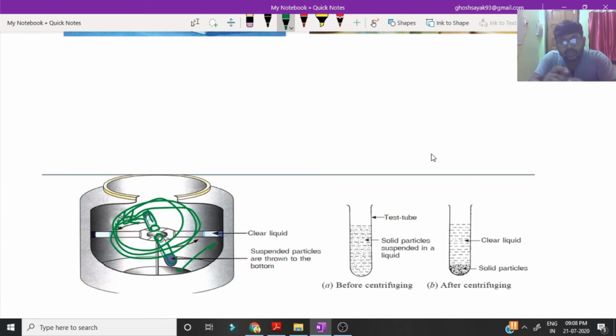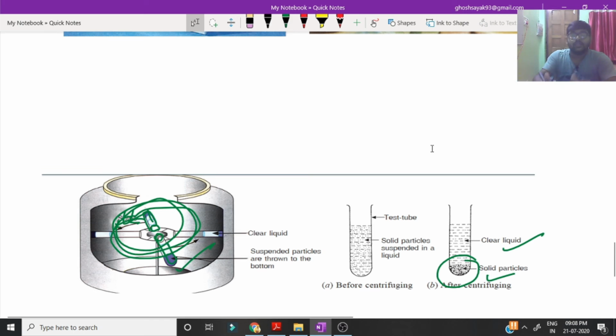So what happens? Due to this centrifugal force, the solid which is dissolved in your liquid gets separated, and the solid comes to the bottom of your test tube, where the liquid stays above, in the upper part of the test tube, I would say.